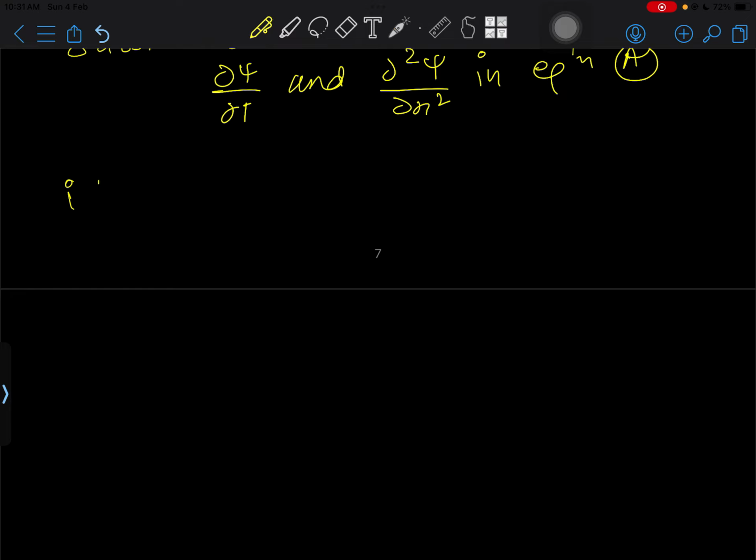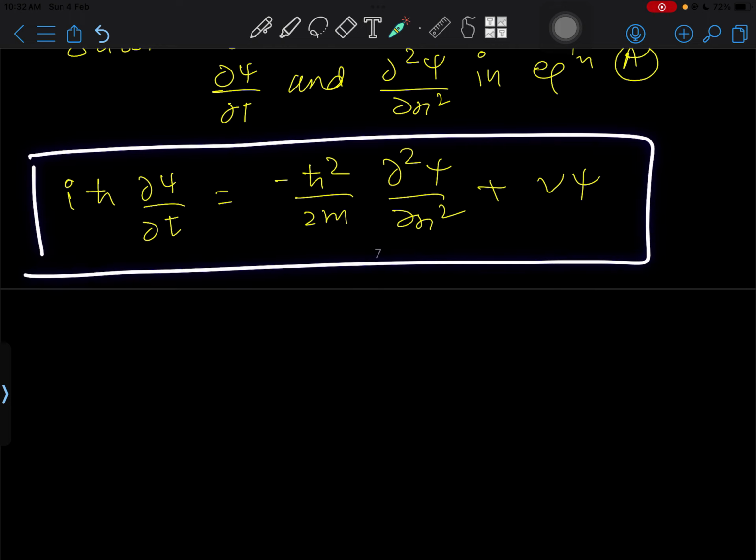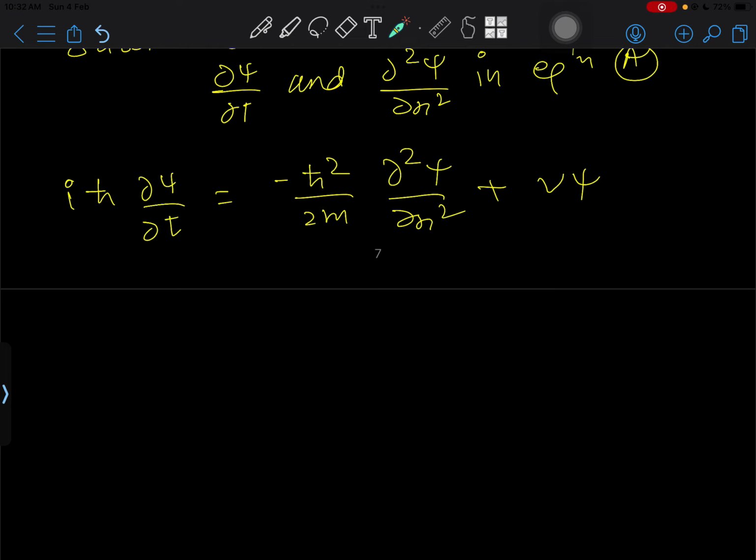So we can consider i h cut del psi upon del t is equal to minus h cut square upon twice m del square psi over del x square plus V psi. This particular expression is the time dependent Schrodinger wave equation. Now in place of del psi upon del t and del square psi upon del x square, substitute the new result.